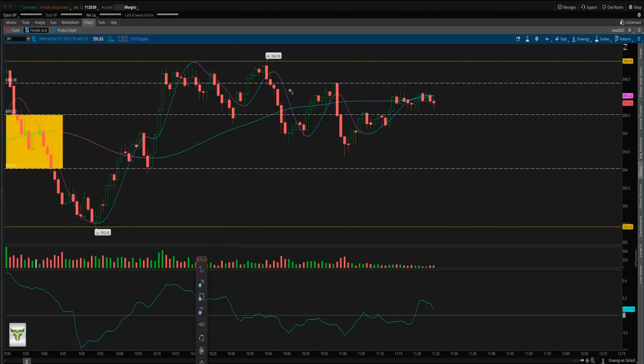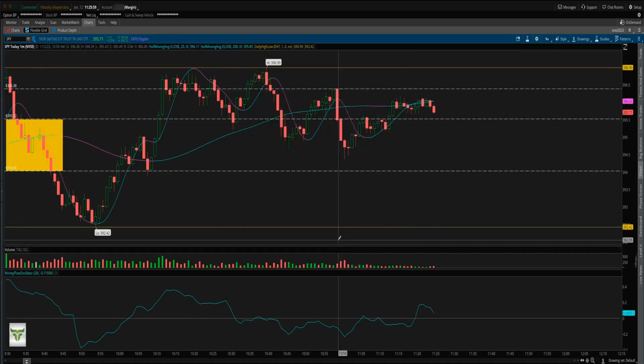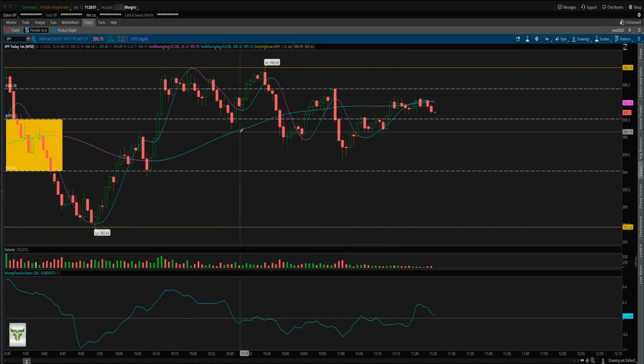So let me get rid of that, and let me get rid of my data box so I don't clutter up the screen so you can see what's going on. So big boy moves right there, right? 35-cent move, 61-cent move, 31-cent move, 28-cent move, 35-cent move.